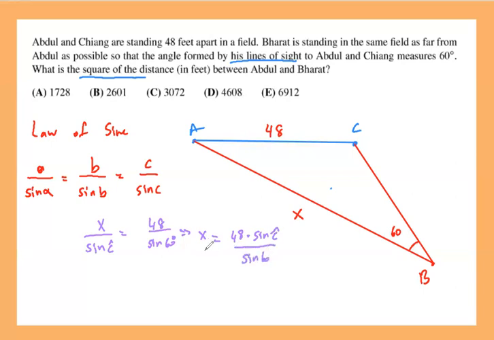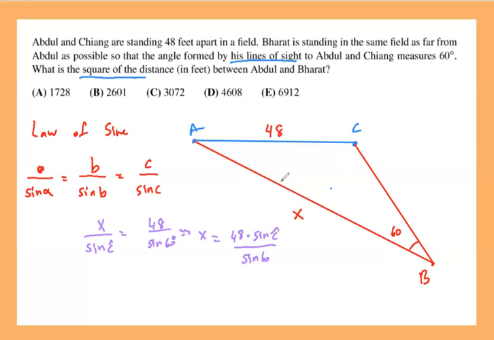We want to maximize this, right? If you remember the unit circle, the sine is largest when the angle is 90 degrees. As you get closer to 90 from 0, the sine value gets bigger and bigger, and after 90, it gets smaller and smaller. So at 90 degrees, the sine has its largest value, which is why this angle will be 90 if you want to make this largest.